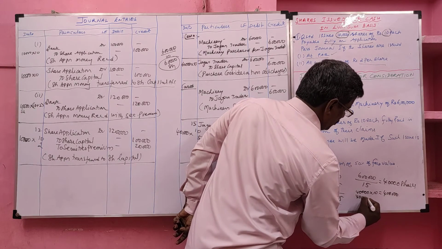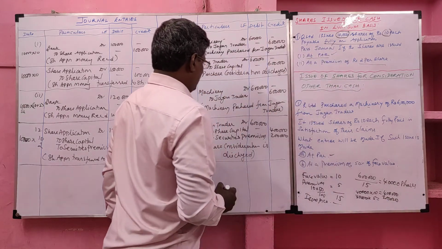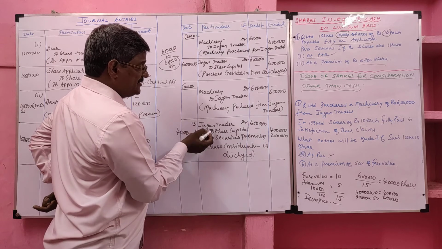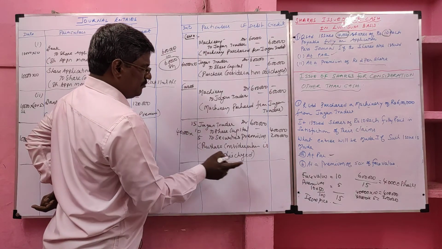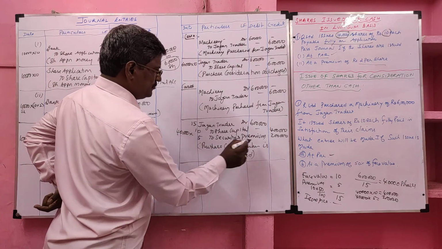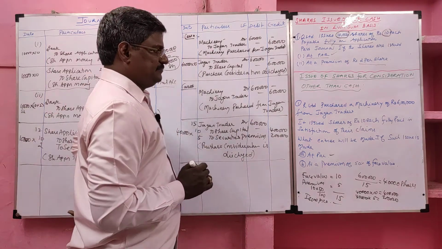Number of shares issued into premium will give securities premium. The entry is Machinery account debit to Jagan Traders, total value. Then Jagan Traders account debit to share capital and securities premium. Share capital: 40,000 into 10. Premium: 40,000 into 2... the premium is 5 per share in the original. So 4 lakh plus 2 lakh, totally 6 lakh.